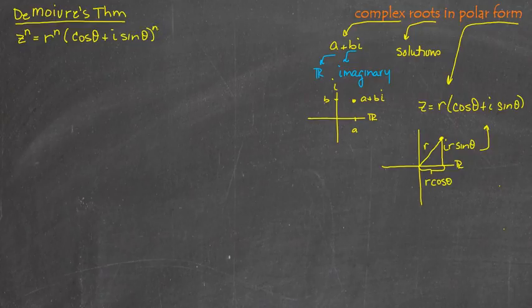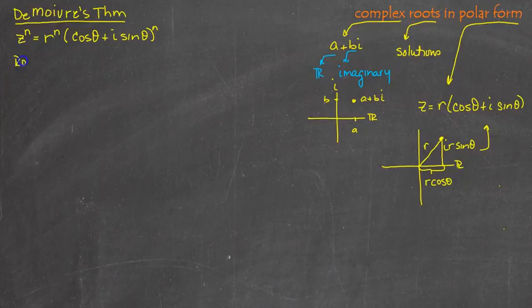Okay, that seems crazy obvious, and it really is, and it's super easy to use, but a better use for this theorem is an extension from it, which is a way to find the roots of complex numbers.